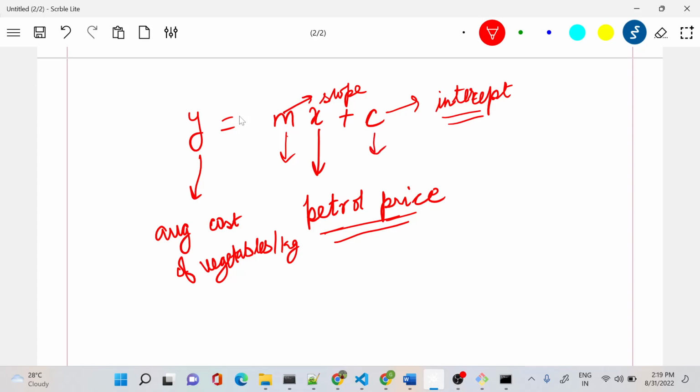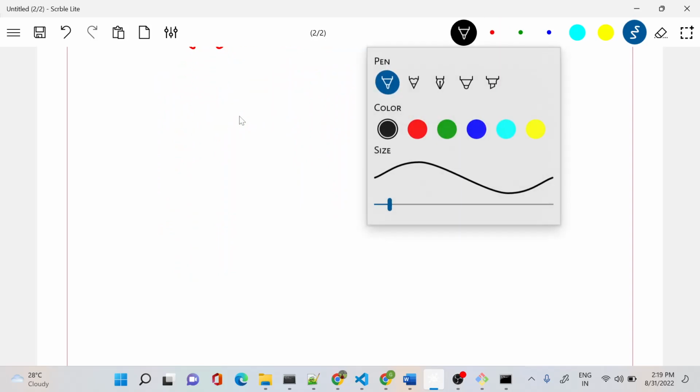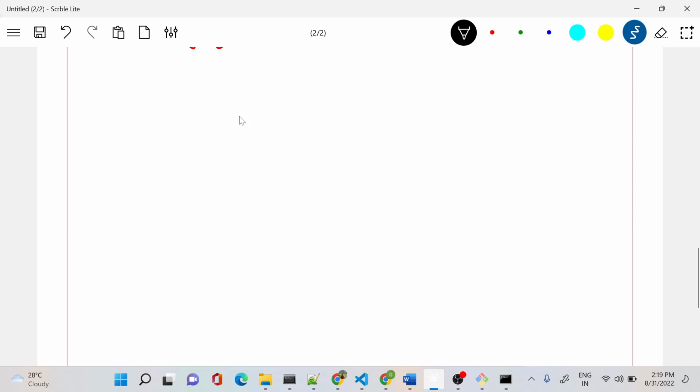Suppose this is a graph. Here is the petrol price, and here is the price of vegetables.